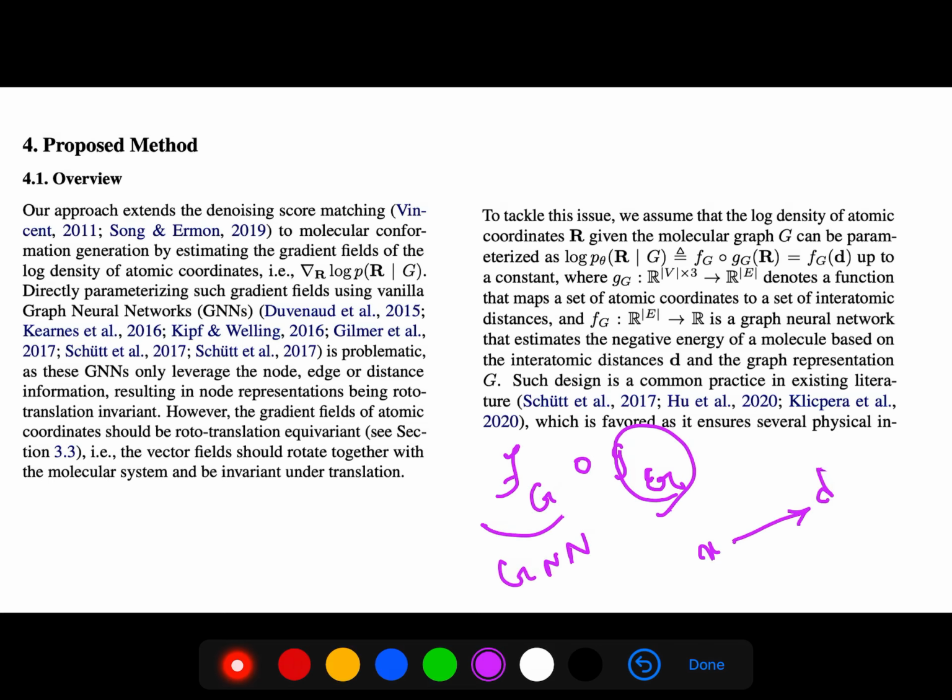So this graph neural network just estimates the negative energy of a molecule based on interatomic distances. Because here you get D, and then you give D to the GNN. It says what is the negative energy of this, based on these distances of the nodes that you have in this molecule.